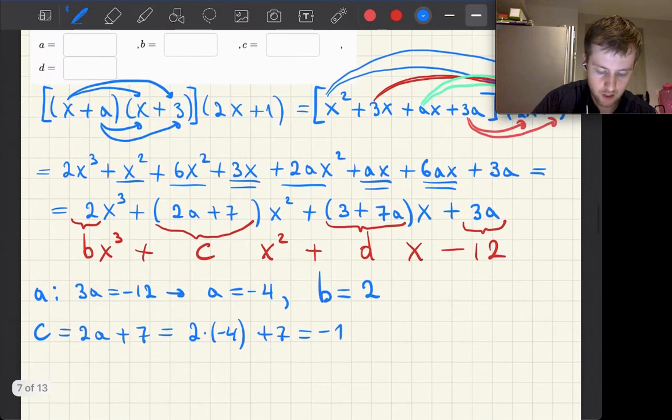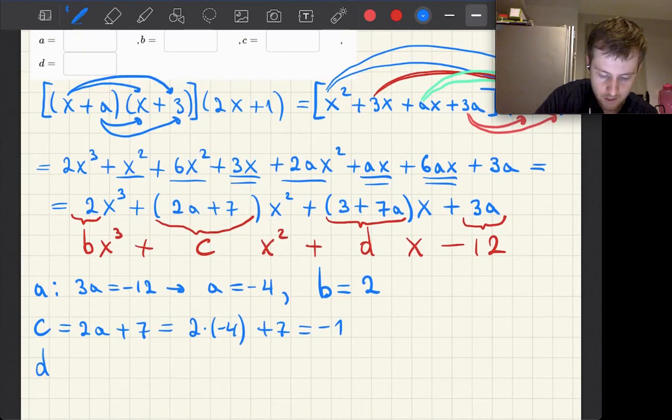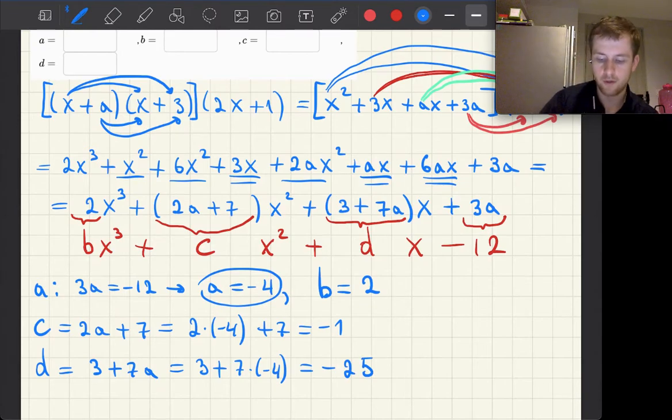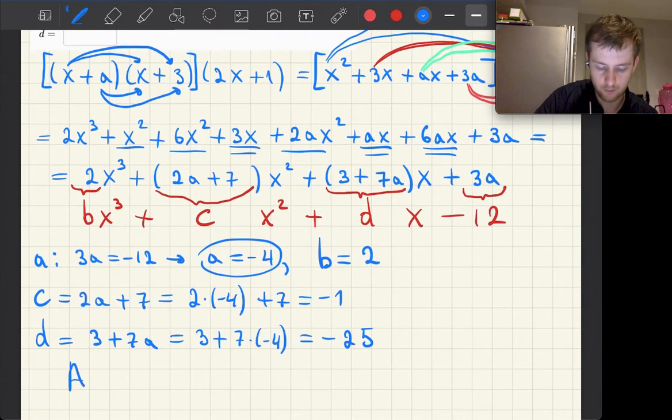And finally, d is equal to 3 plus 7a. Again, a is minus 4, that's the key to finding everything else. So 3 plus 7 times minus 4 equals minus 25. So here we go, that's the answer.